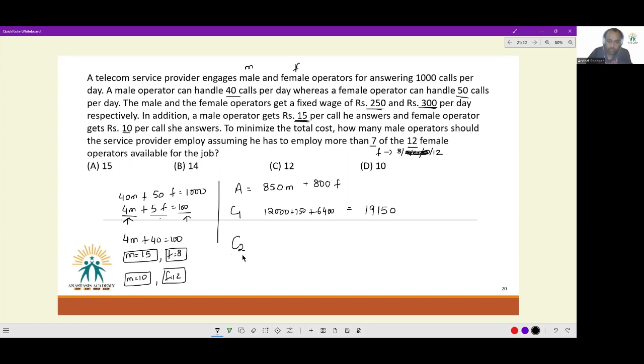In case 2, how much would he have to pay? 8,500 plus 9,600, or 18,100. Here you would have to pay 12 into 800. So how many males should he employ? The final question was, to minimize the total cost, how many male operators should the service provider employ? The answer is option D, 10.